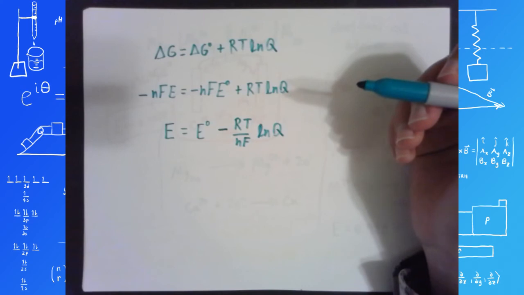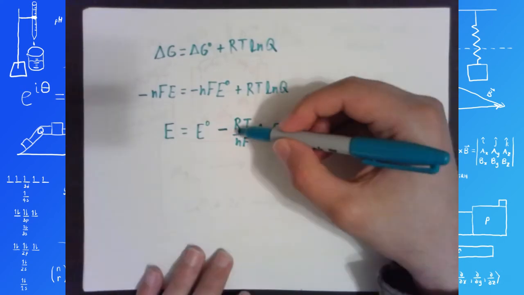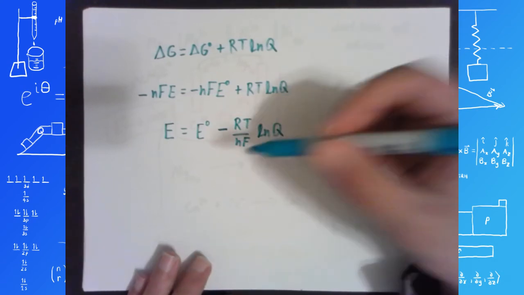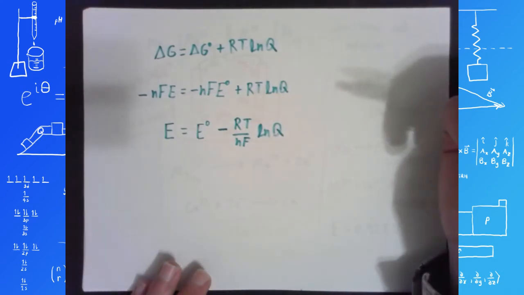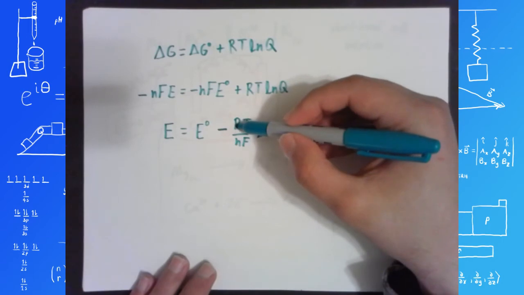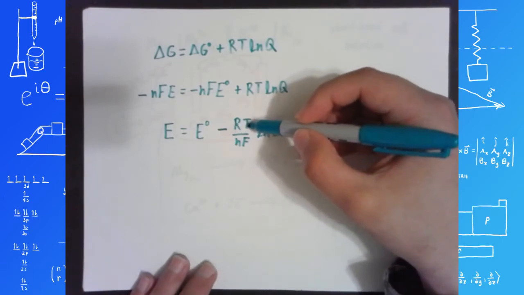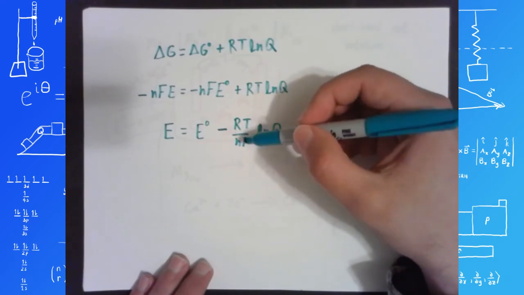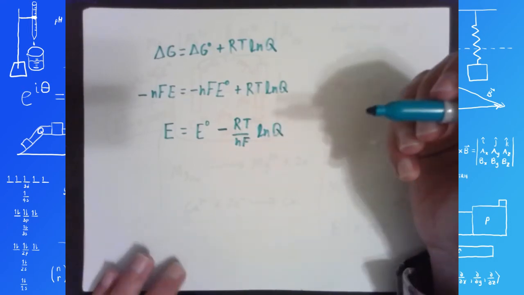Now, oftentimes, you'll see a simplification of this in textbooks. So R will be plugged in, T will be plugged in as 298 kelvins, room temperature, and the Faraday constant will be plugged in.